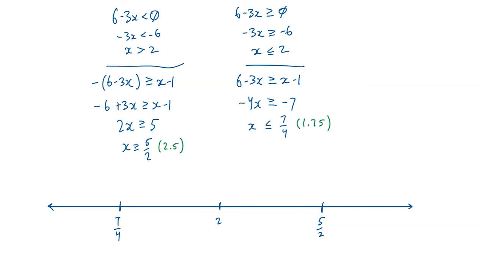You could try to think about it yourself, but we're going to do this one together, like I said. So this is x values that are greater than 2 and not equal to. Whoops, I got to make sure that you can see the whole thing. And x values that are greater than or equal to 5 over 2.